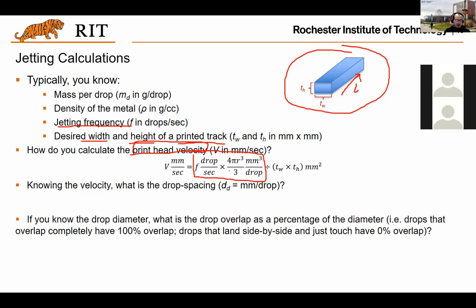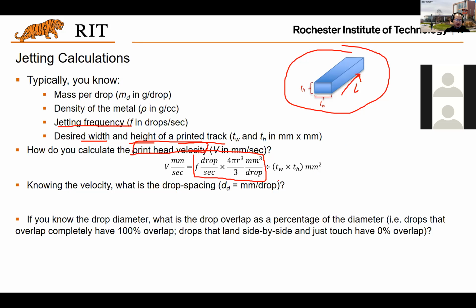And if you compute in 1 second what is the volume for this trace, then you could easily compute what is the length in 1 second the material is jet onto the printing platform.